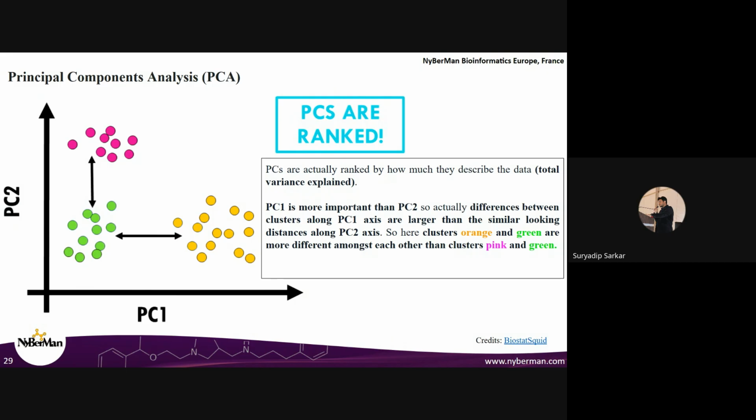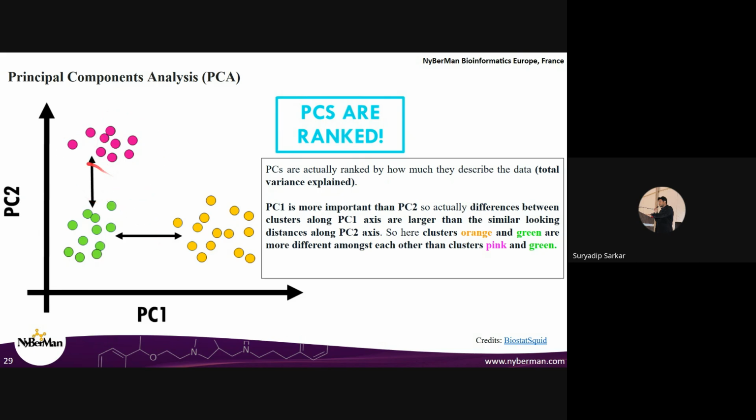Now, another very important piece of information we can get from here. Remember, the principal components are ranked. PC1 explains more variance than PC2, than PC3, than PC4, and so on. Right? So the differences between clusters along PC1 are much larger than the differences between clusters along PC2.